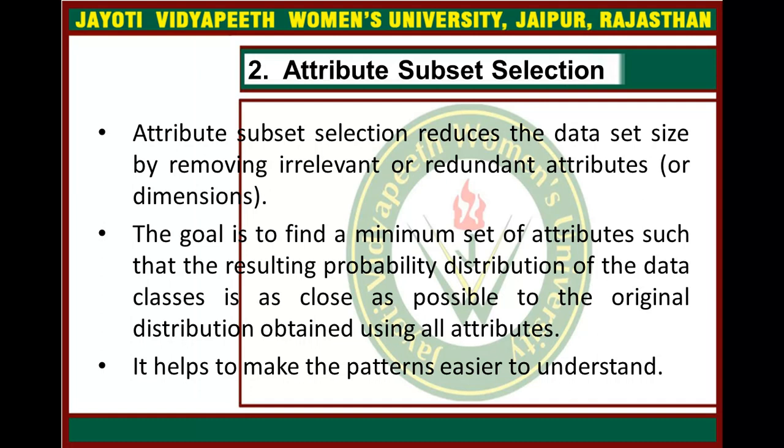This technique is basically used to find the minimum set of attributes such that the resulting probability distribution of the data classes is as close as possible to the original distribution obtained using all attributes. It also facilitates building patterns that are easy to understand.